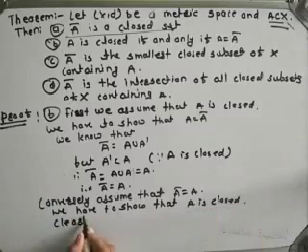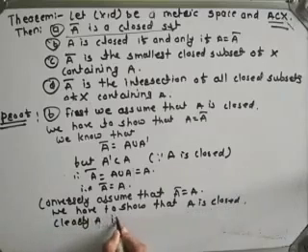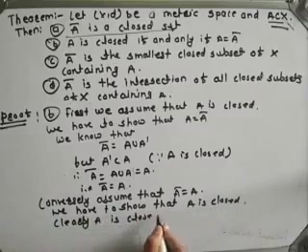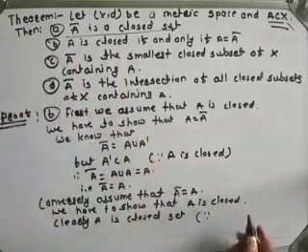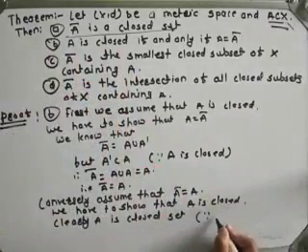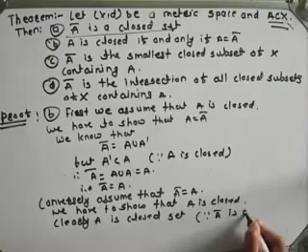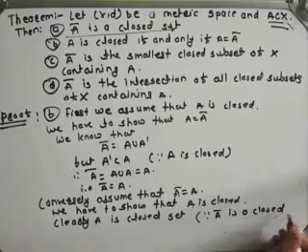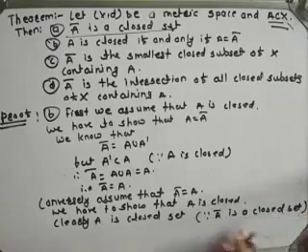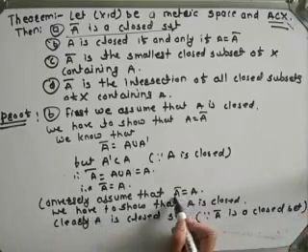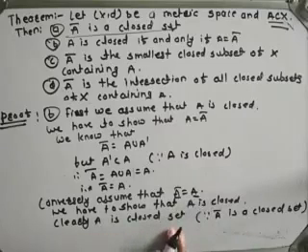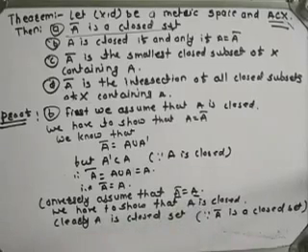Clearly A is a closed set, because in part A we have proved that A closure is a closed set, and our assumption is A closure is equal to A. Therefore, A is a closed set. Hence, proof of part B is complete.